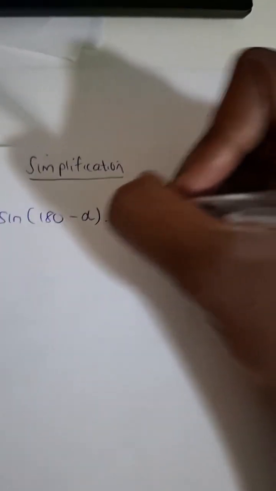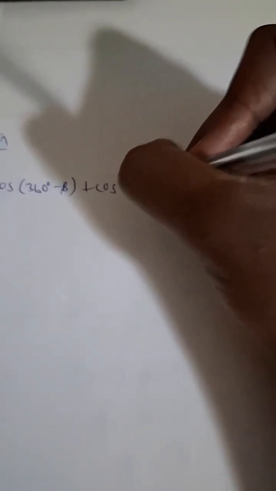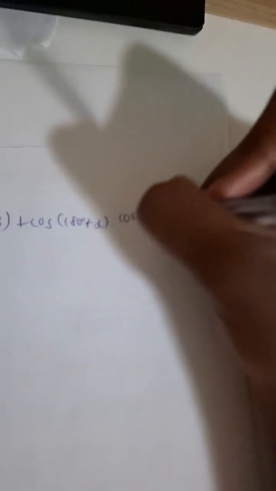Okay guys, let's say we are given the following problem: sine of (180 minus alpha) times cos of (360 minus beta) plus cos of (180 plus alpha) times cos of (360 minus beta).